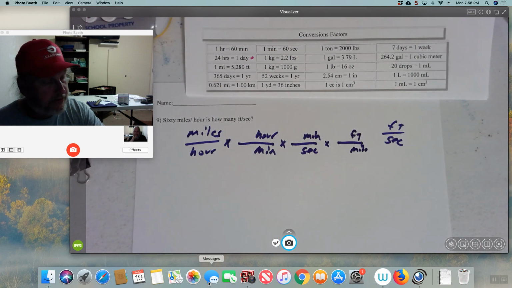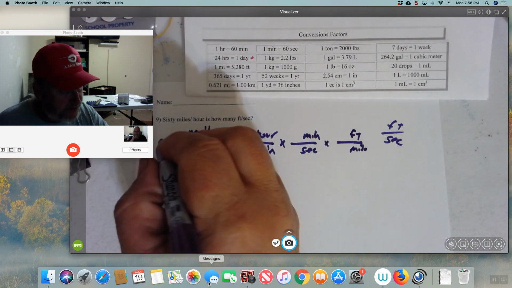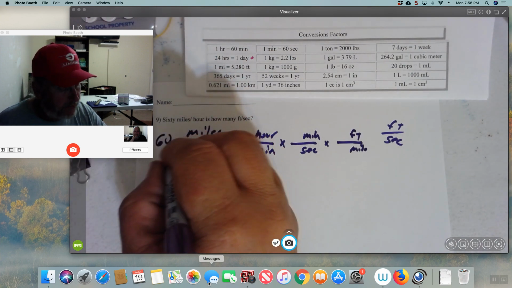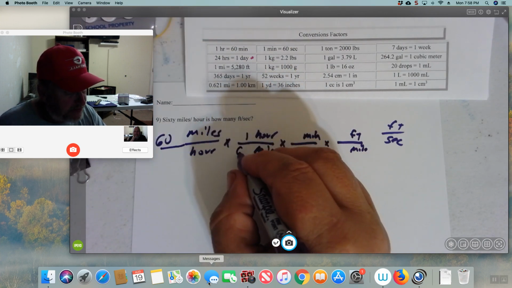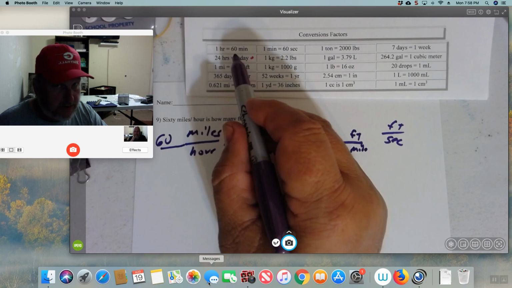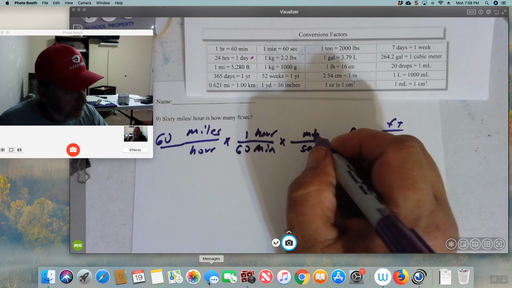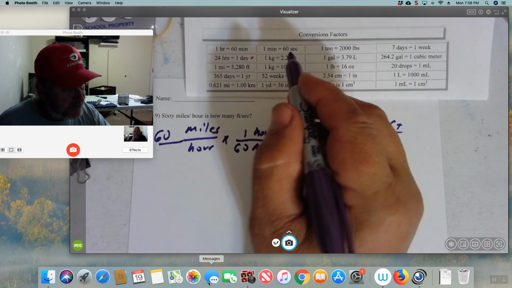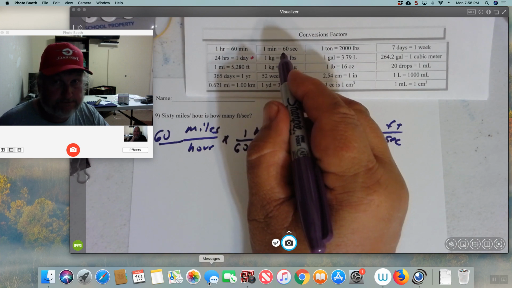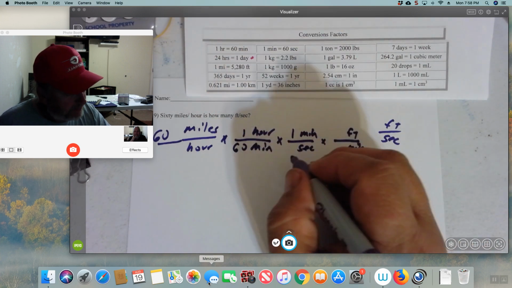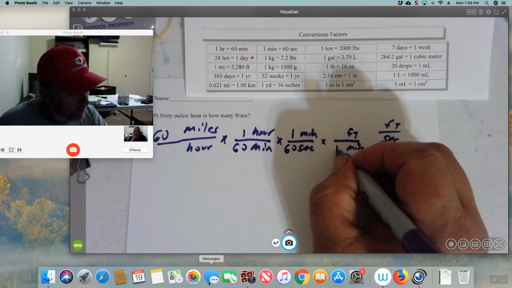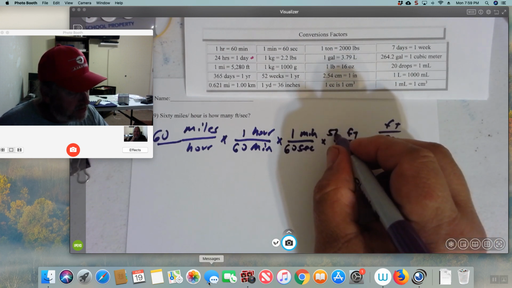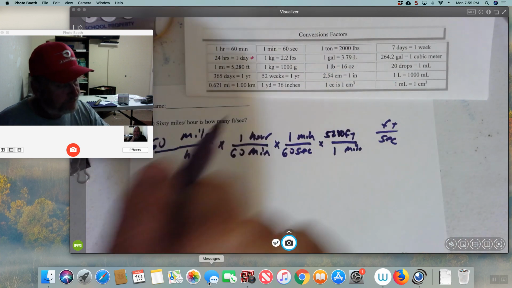So now I'm ready to start writing some units in. That's 60 miles per hour. And 1 hour has 60 minutes. 1 minute has 60 seconds. And 1 mile has 5,280 feet.